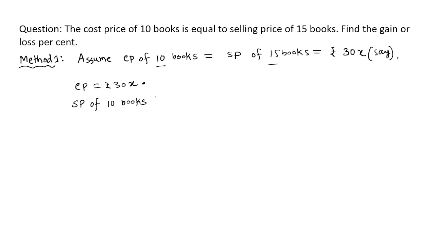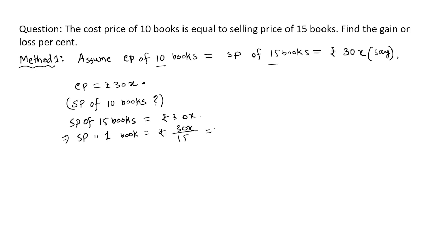Okay, so SP of 10 books, this is our need. SP of 15 books is given as rupees 30x, right? And therefore SP of one book, I have to divide by 15, so that is 30x by 15, that is 2x.